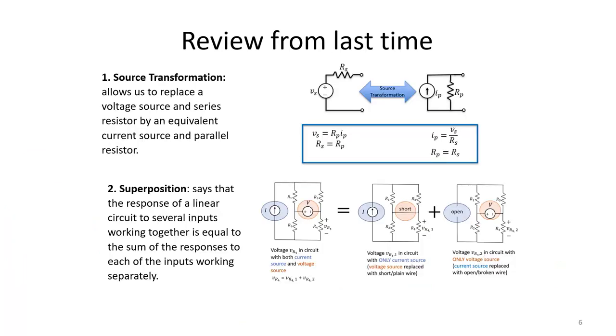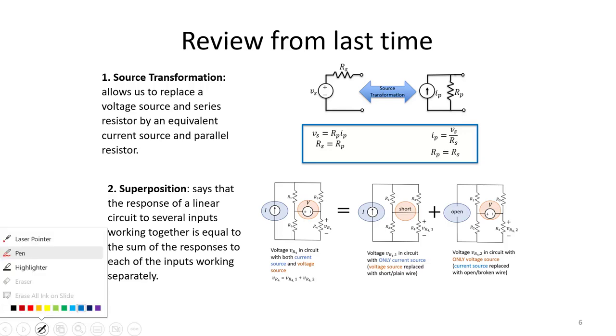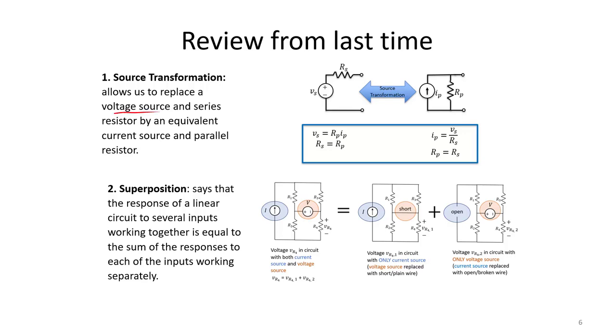So last time we covered source transformation and superposition. You'll recall that source transformation allows us to replace a voltage source and series resistor with an equivalent current source and parallel resistor.